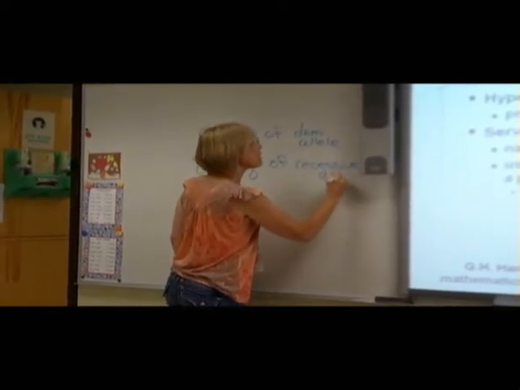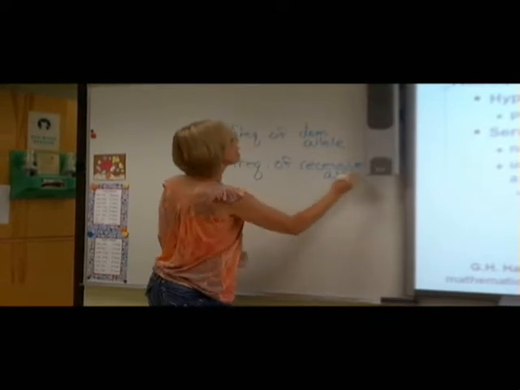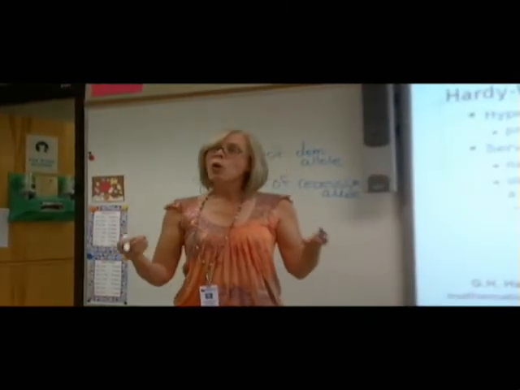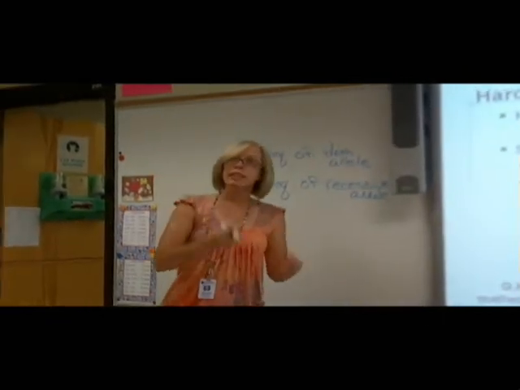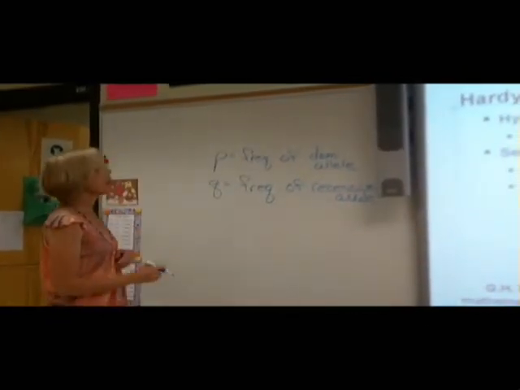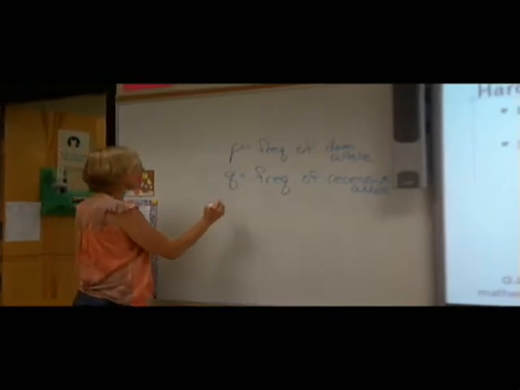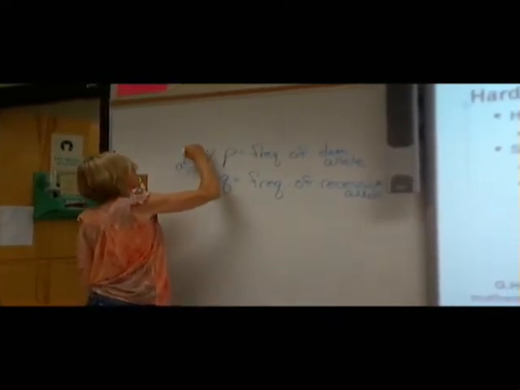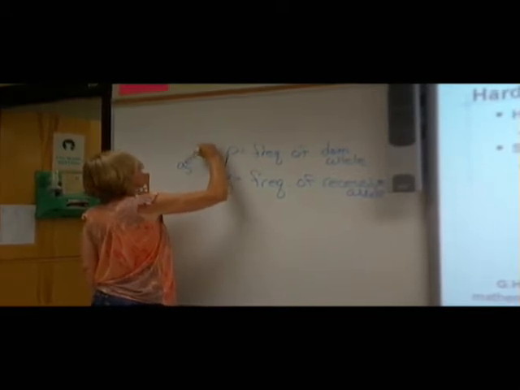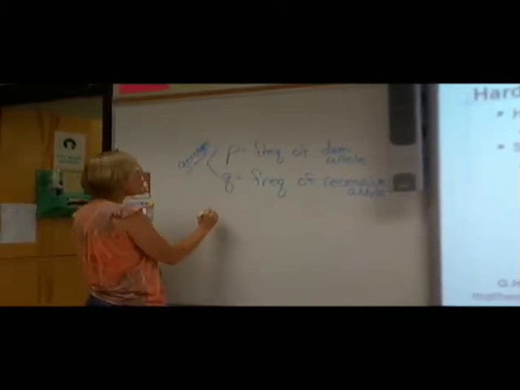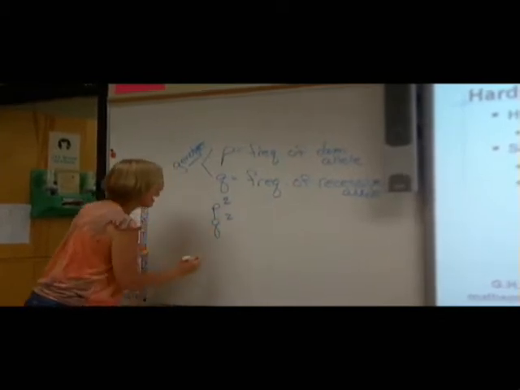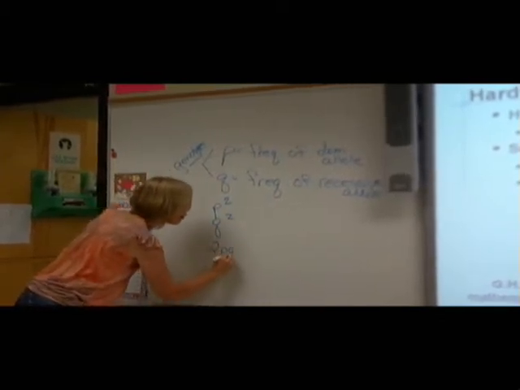And our frequencies are usually given to us as decimals or as percentages, which we then convert to a decimal. We're then going to look at genotypes. We're also going to have P squared, Q squared, and 2PQ.